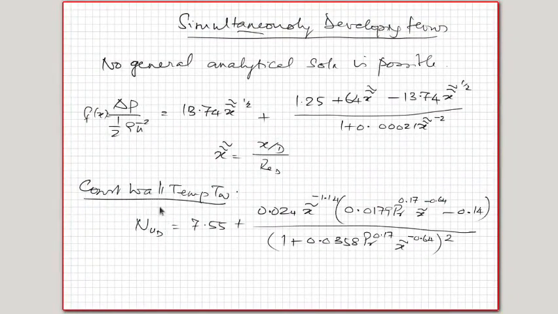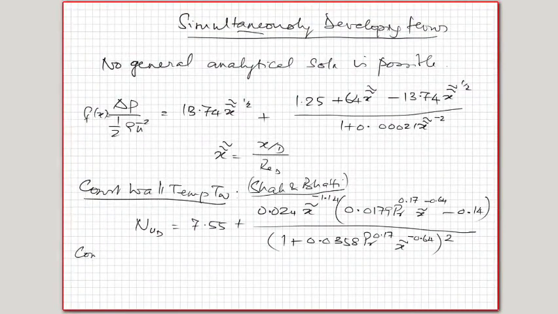You can see how complex the expression goes. So this is the expression for constant wall temperature, and it was compiled by Shah and Bhatti. R.K. Shah is a very well-known name in heat exchanger design.